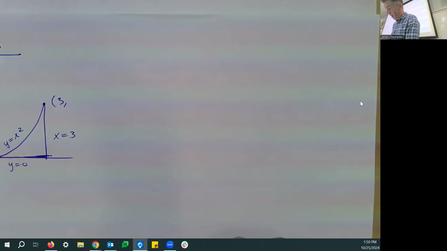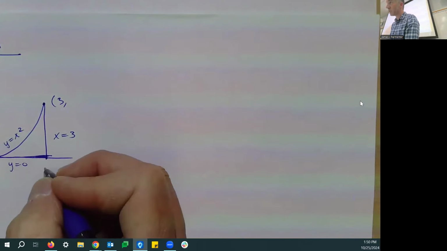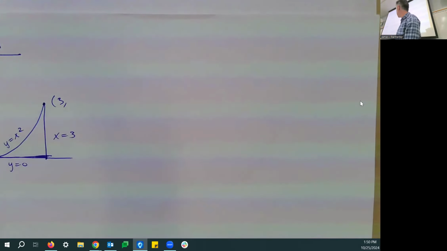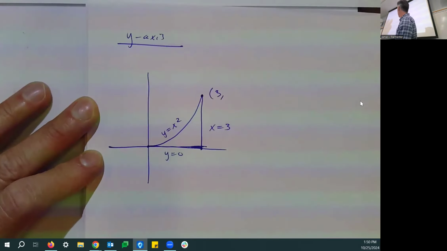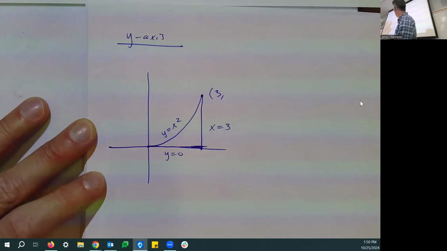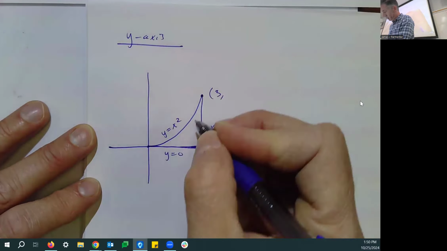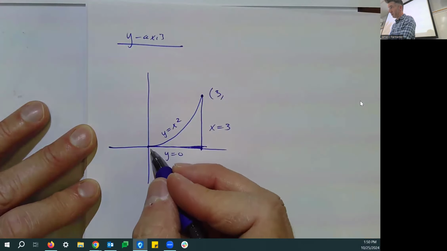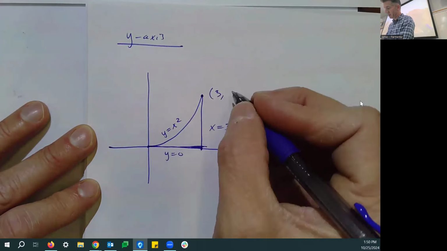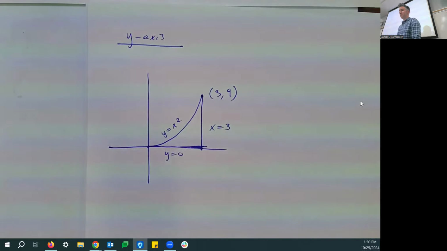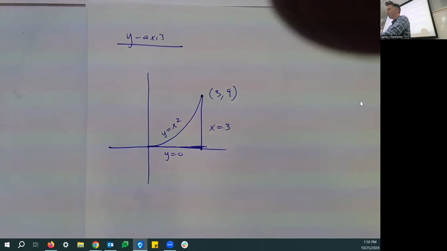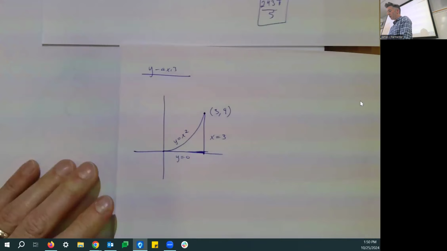And I should point out that this point here is x equals 3 and y should be what? Oh, sorry. I forgot I was super zoomed in. I'm so sorry about that. What should y be if x is 3 and it's on this curve, y equals x squared? 9. And we're going to need that 9. I should zoom back out a little bit here. A little too zoomed.